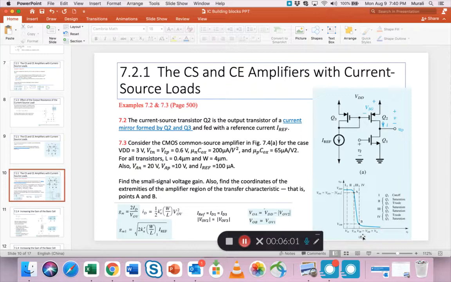I'm trying to look here. Okay, small signal voltage gain is 42 volts over volts for here.